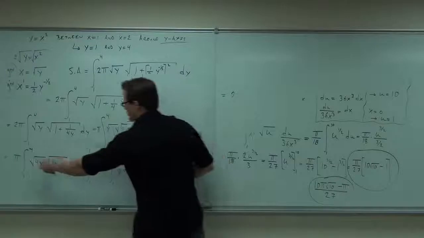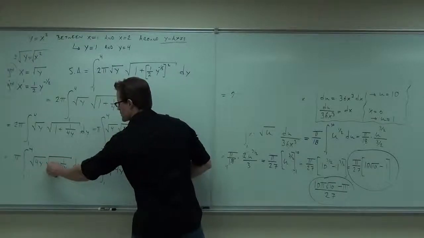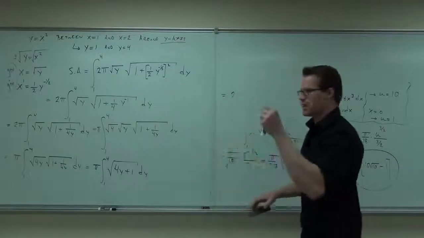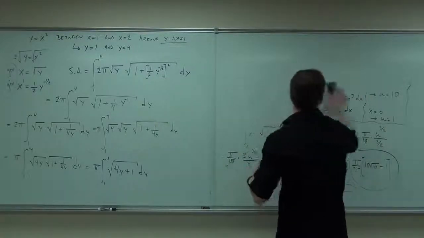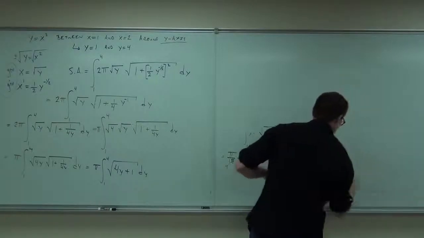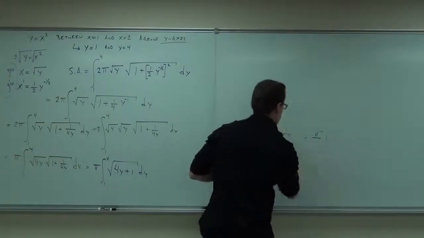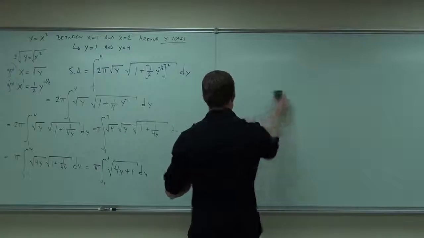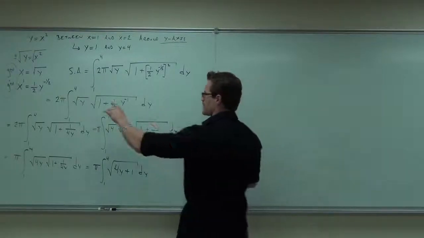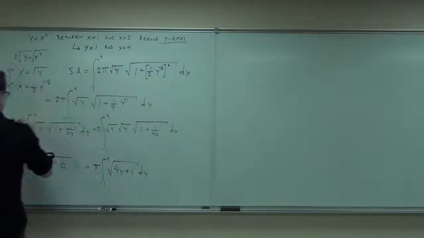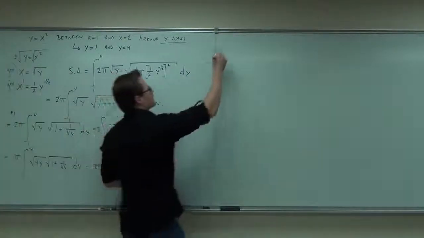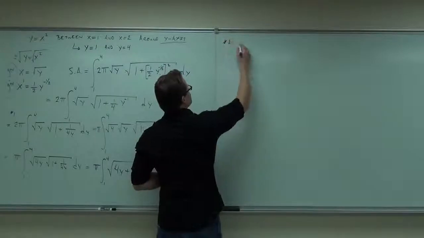We're distributing right here. 4y times 1 plus 4y times 1 over 4y. The 4y's are going to simplify out. Okay, so I'll call this star 2.